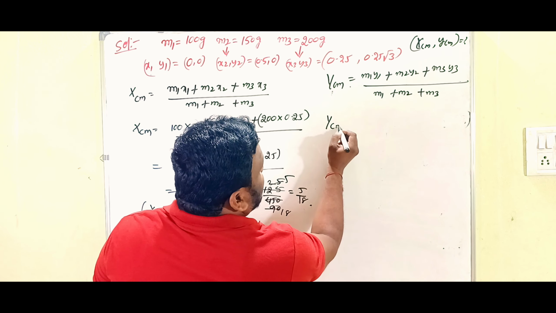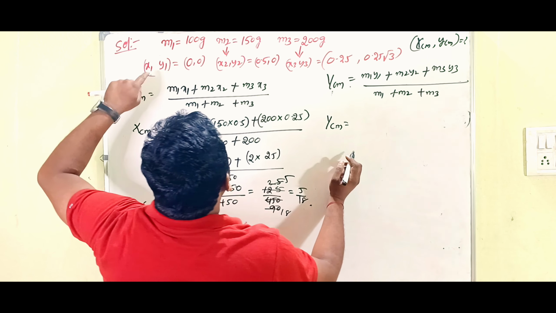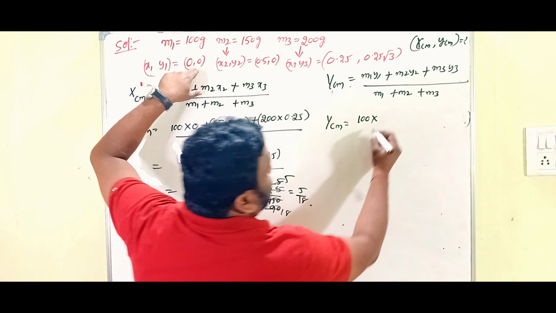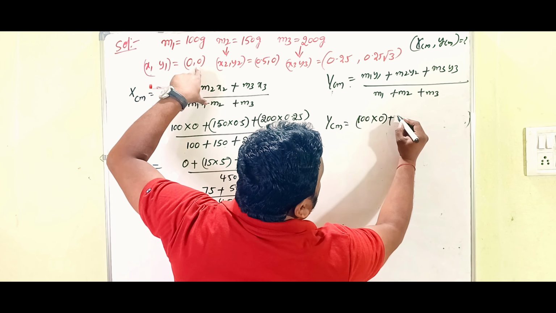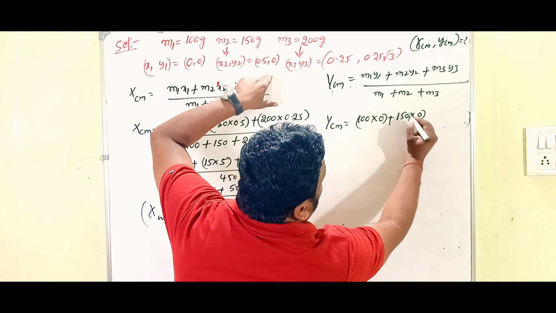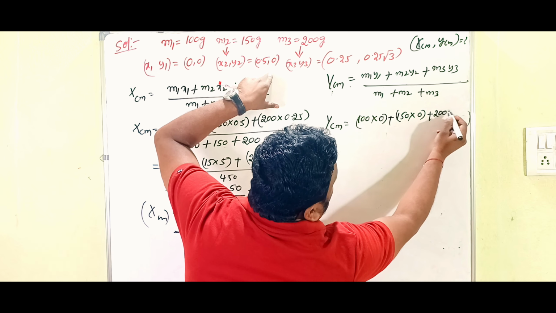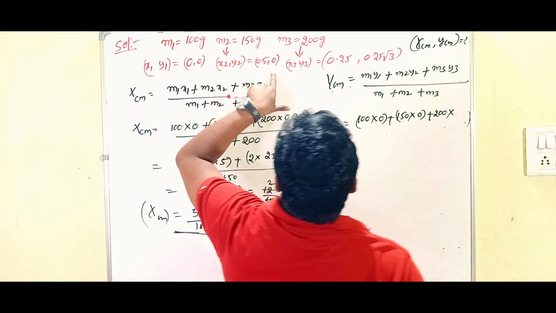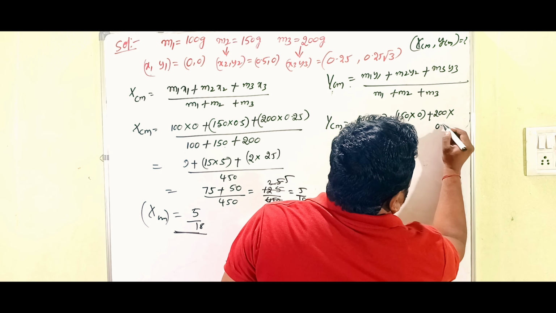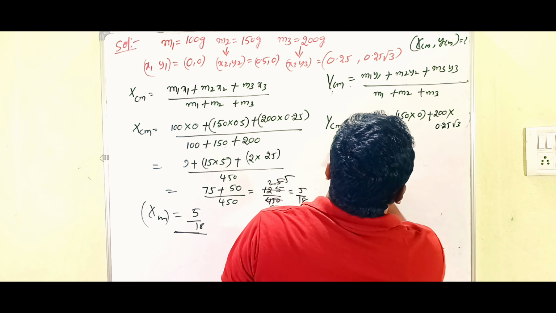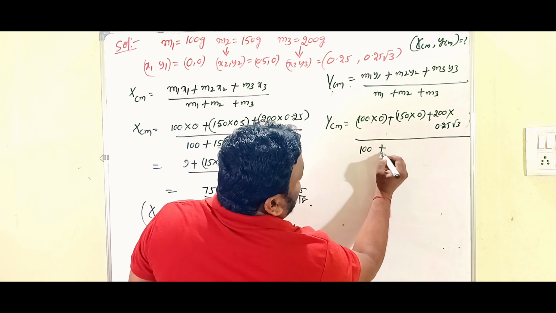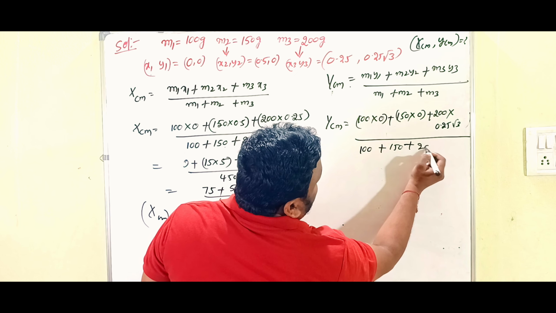Then ycm is equal to m1, which is 100, and y1 is 0, plus m2 value 150 into y2 value 0, plus 200 into y3 value 0.25 into root 3, by again the same, 100 plus 150 plus 200.